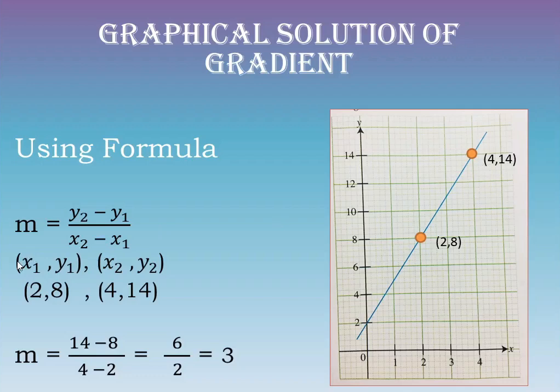So x1 is 2, y1 is 8, x2 is 4, y2 is 14. We have the formula y2 minus y1 over x2 minus x1. By putting these values in the formula, we'll get the answer 3. So the gradient is positive over here. This shows that the line is rising to the right side, like this.